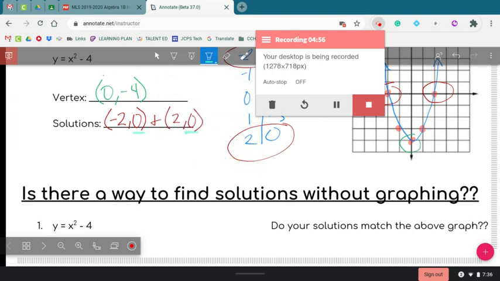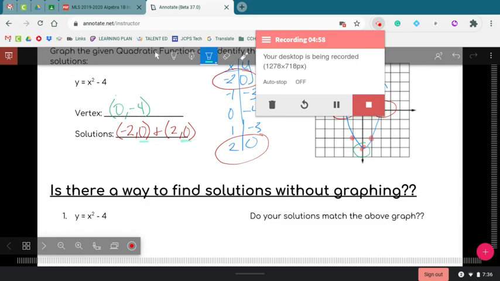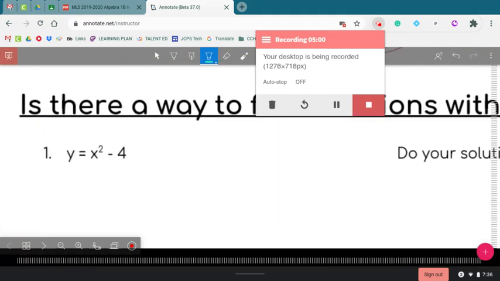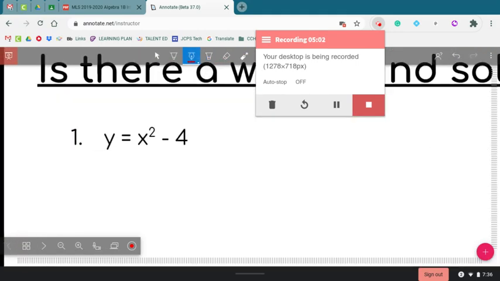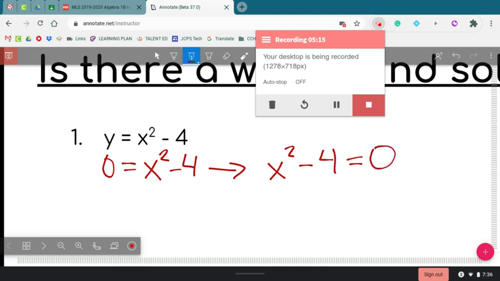So that means if we need to figure out where they cross the x-axis, our y value will always be 0. So we need to replace y with 0. So we're going to have 0 equals x squared minus 4. I'm going to rewrite this so my 0 is on the right side, which you can do. You can just flip everything from the sides.